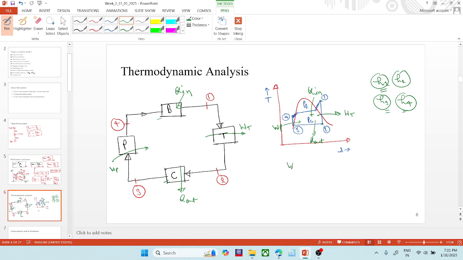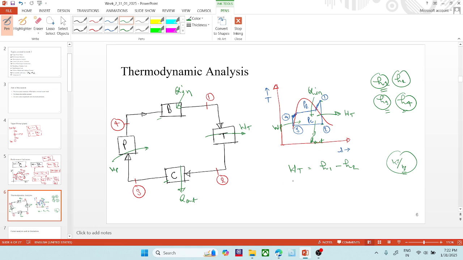Work done in the turbine would be simply H1 minus H2, because at point 1 the steam has higher enthalpy, and at point 2 the steam has lower enthalpy. It would have the unit kilojoule per kg. These are specific values, given per kg of steam flow rate.